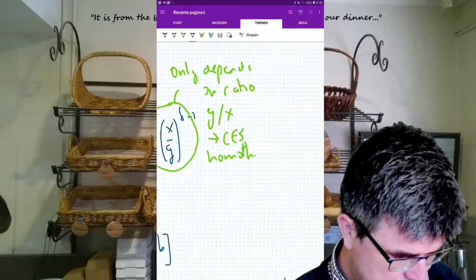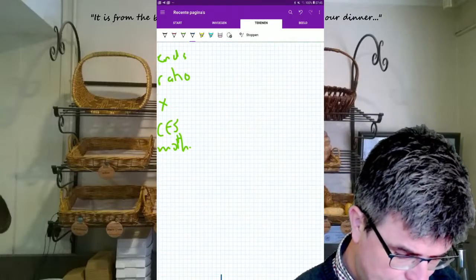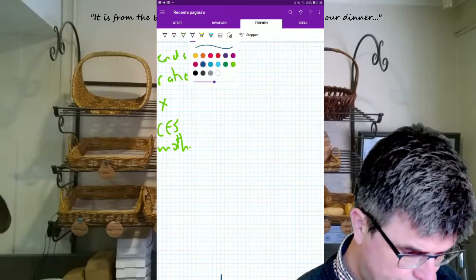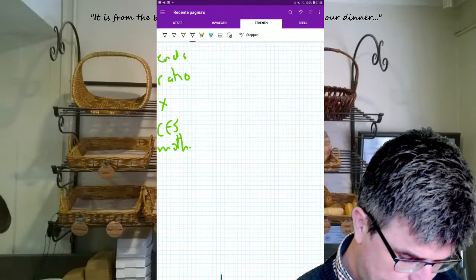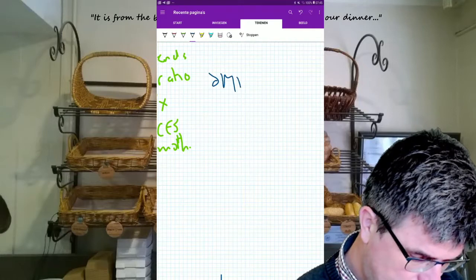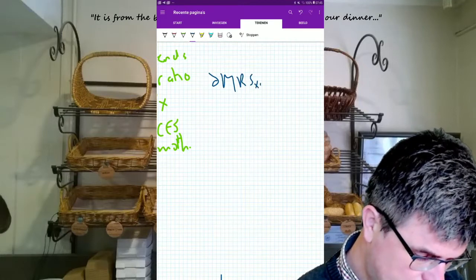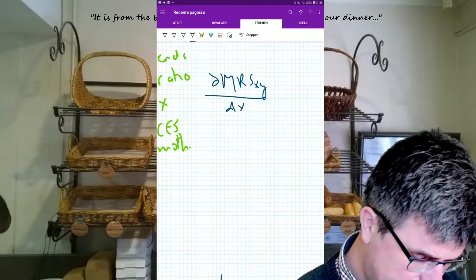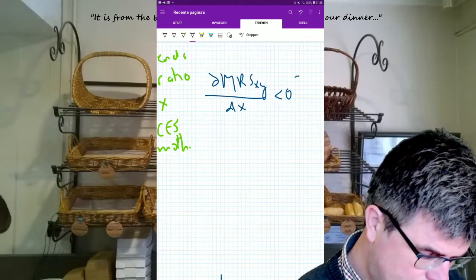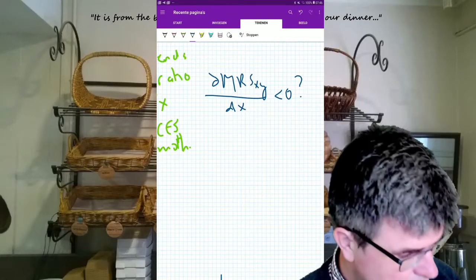Now, that says we have to check whether, if we take the derivative of the marginal rate of substitution with respect to x, that thing is smaller than 0.